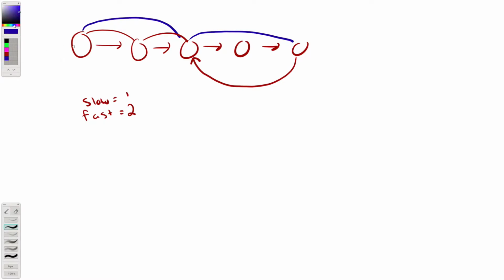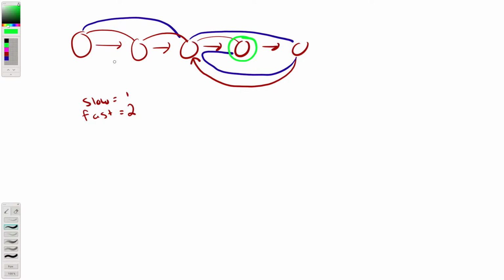Fast takes 2 steps, and slow takes 1 step. So this is where fast and slow meet, after 3 iterations. And now we know that there's a cycle.